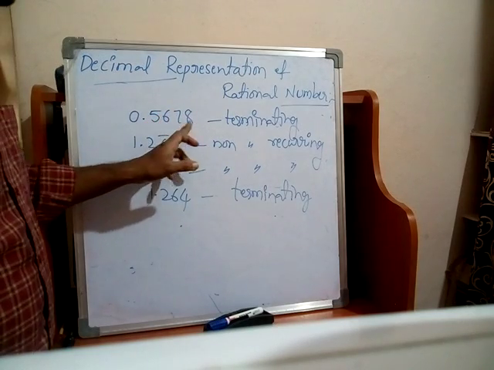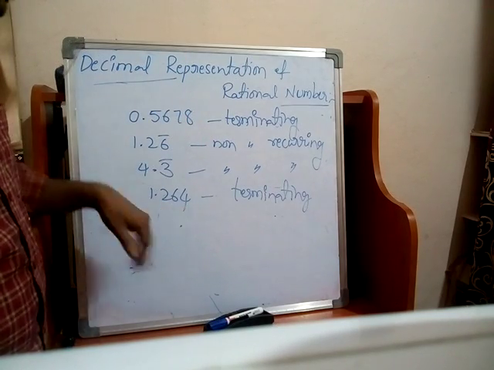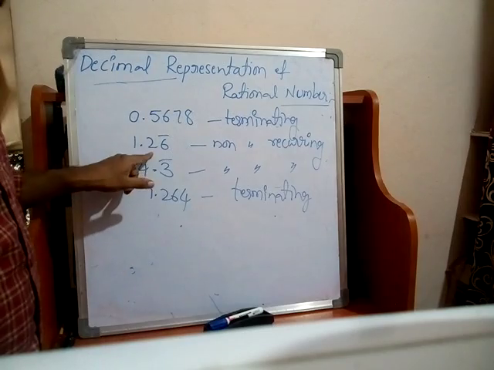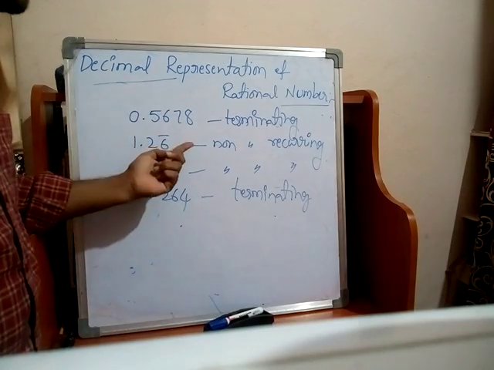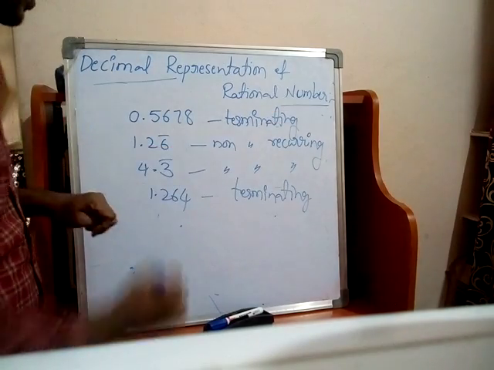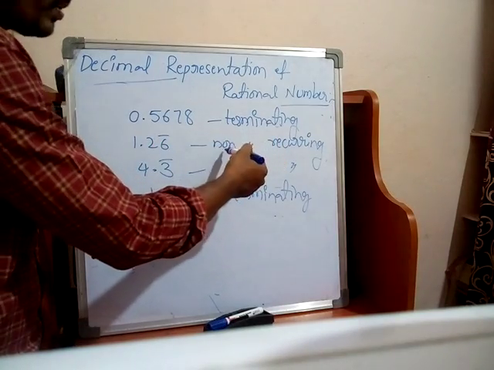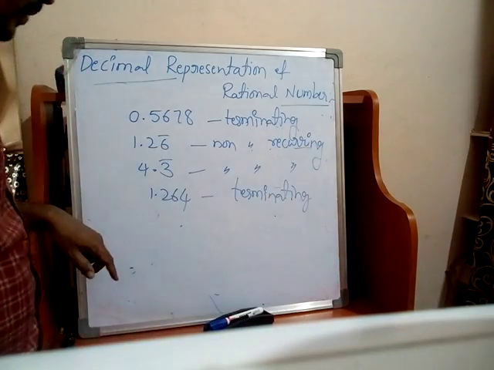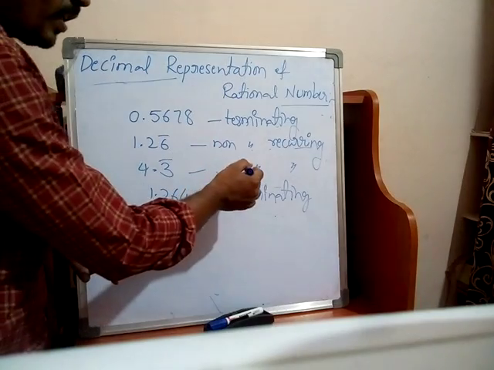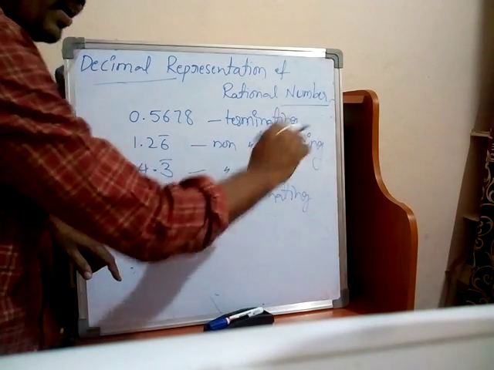Why? Because how many digits are there? 4, here 3, we can count, so that's why terminating. Here we cannot count, so non-terminating, and 6 is repeating, so non-terminating recurring decimal. Here 3 is repeated, so non-terminating, repeating or recurring.